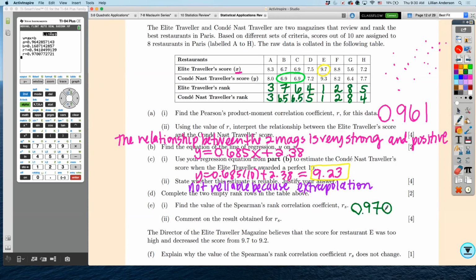That value is very, very close to 1. Remember what I said earlier, Spearman's rank is 1. That means that we're going to be what? Positive correlation. Strong correlation. It is a strong correlation, yes. But what does that also mean?